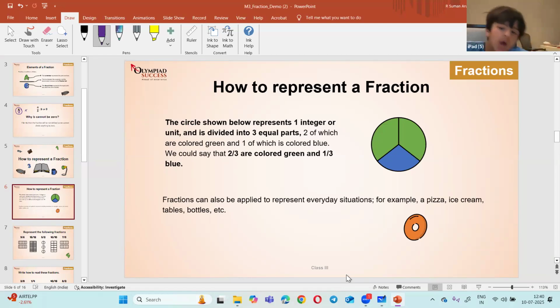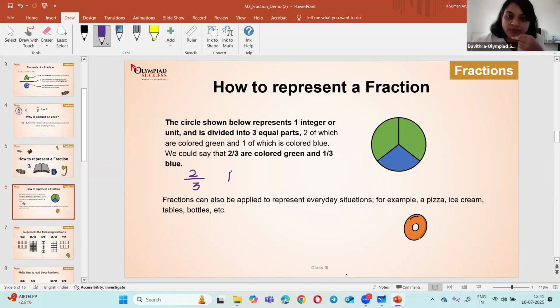So how can you write that fraction? 2/3, 2 upon 3, because the total number of parts is 3 and 2 parts are shaded green. So I am going to write 2 as the numerator. Do you agree?